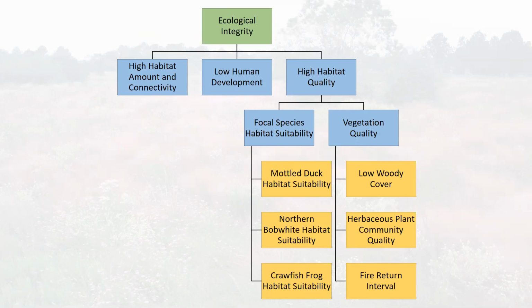I know Texas Parks and Wildlife is working on an updated version of some of their products that I think are especially going to help with the herbaceous plant community quality. That's a really rough estimate based on those vegetation classes that Texas Parks and Wildlife has.